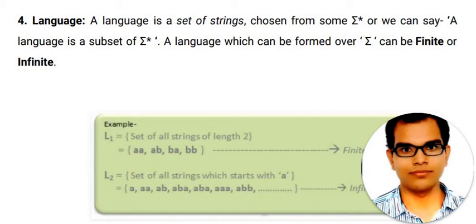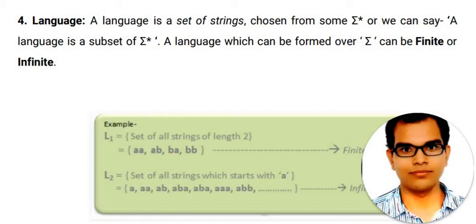So here we will say a language is a set of strings. In the previous lecture we have seen string, so you are already aware of it. Now this language is a set of strings chosen from some sigma star.